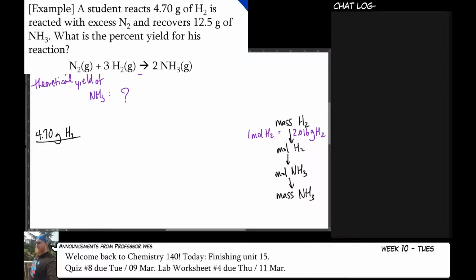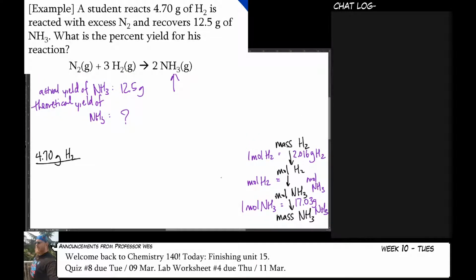NH3 is 17 something, right? Yeah. 1 mole NH3, 17.03 grams NH3. And then finally, how many moles of H2 are there per moles of NH3? Well, according to the balanced chemical equation right here, every 3 hydrogen I use, I make 2 ammonia. So that will be my relationship.